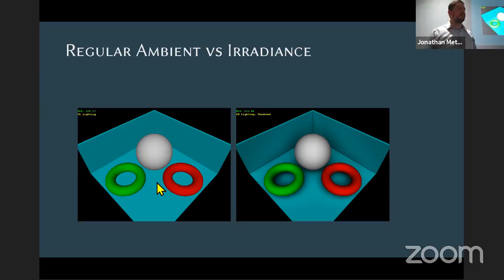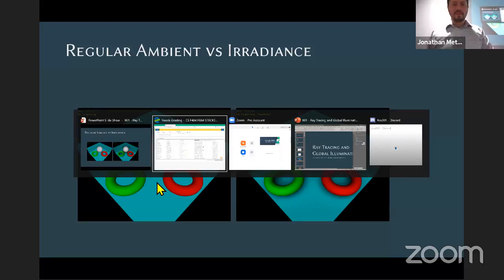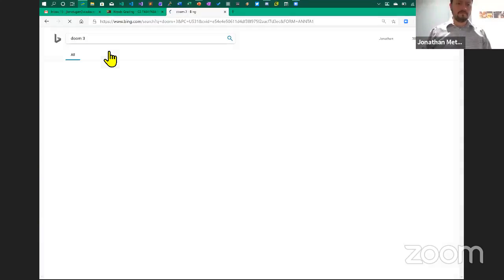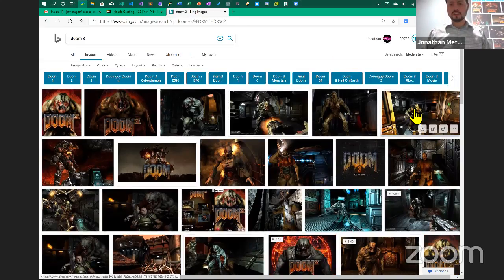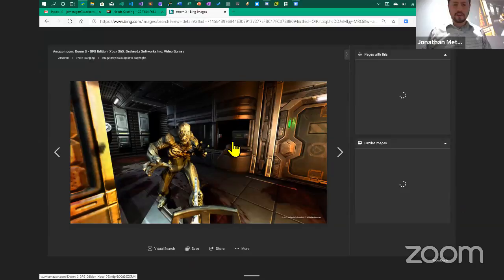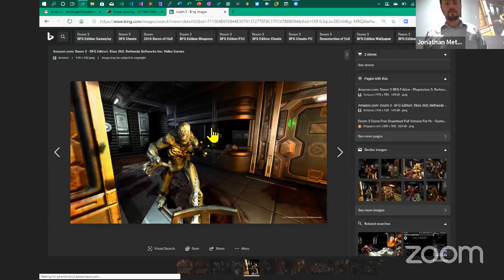I guess I might call it the Doom 3 effect. How many people have played Doom 3? Man, this is before your time, I guess. I'll just pull up an image of Doom 3, just take a look, because Doom 3 is kind of known for being dark, right? One of the big things about Doom 3 is that this is not realistic.